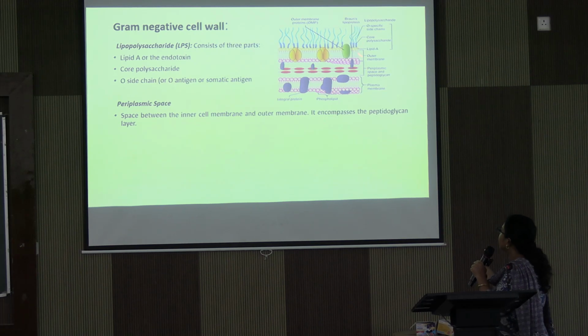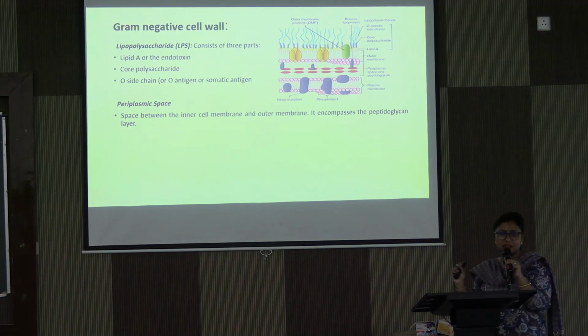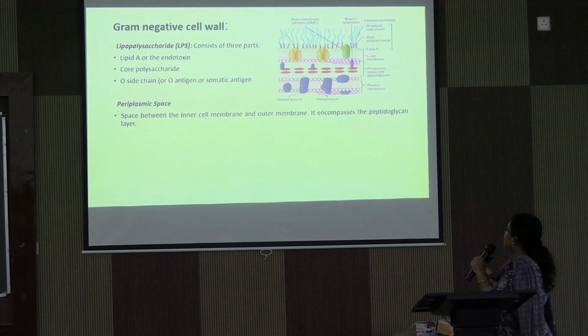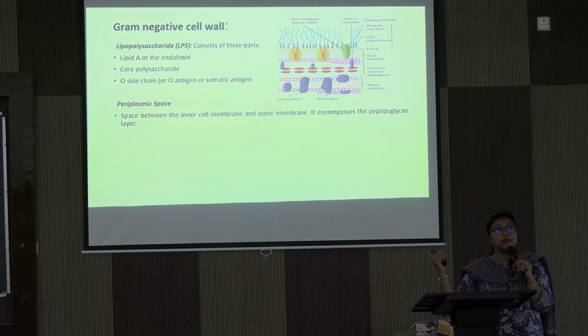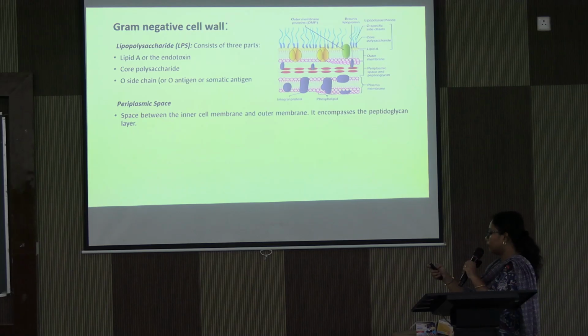This is the outer membrane protein, lipid A, and this is the lipopolysaccharide outside. A very thin layer of peptidoglycan is present here also. Then the outer membrane protein and the lipopolysaccharide. So this is the composition of our gram-negative cell wall.